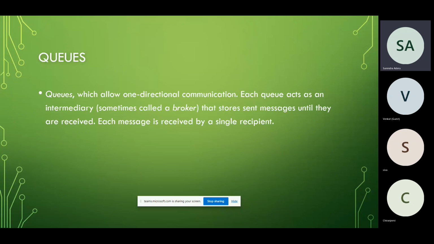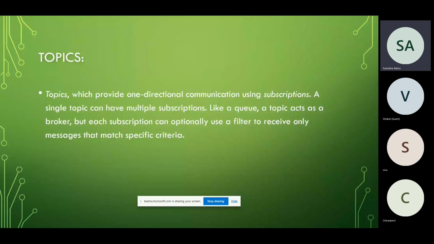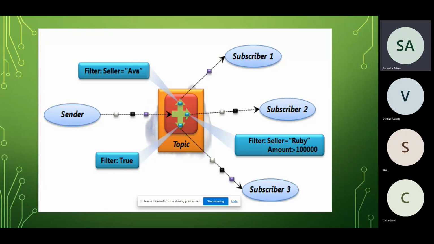You can call it a broker, where it receives the message from the sender and delivers it to the recipient. The second one is topics, which is also one directional, but here one sender can deliver messages to multiple recipients based on a filter mechanism. And then we have relays, which are bidirectional.